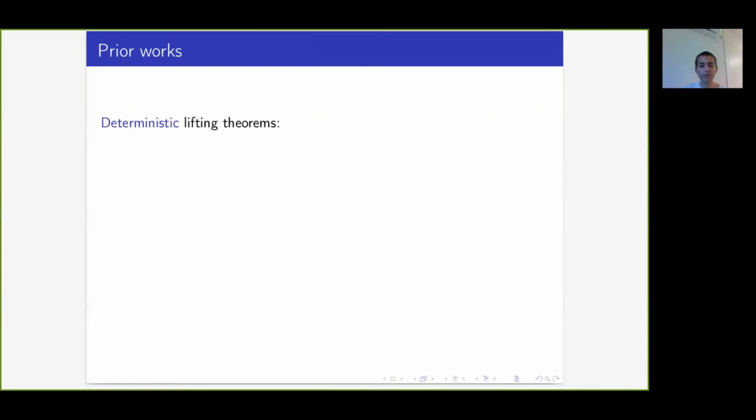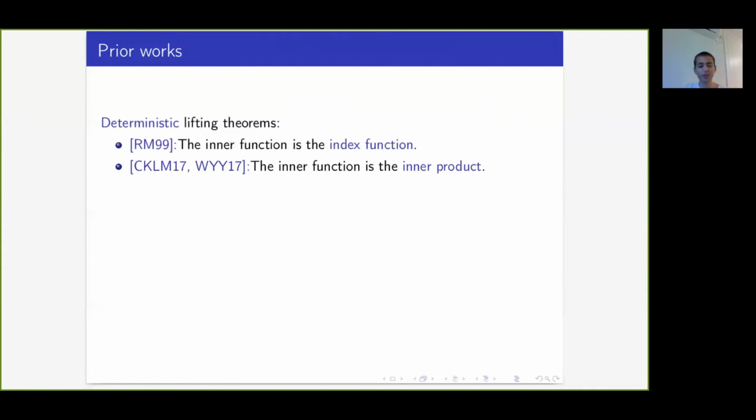We'll now discuss for which inner functions lifting theorems can be proved. To do so, we'll see some of the prior work and results. In the deterministic setting, Raz and McKenzie proved the first lifting theorem. Their lifting theorem holds where the inner function is the index function. Almost 2 decades later, Chattopadhyay, Koucký, Loff, Mukhopadhyay, and also Wu, Yao, and Yuan proved lifting theorems for inner product.